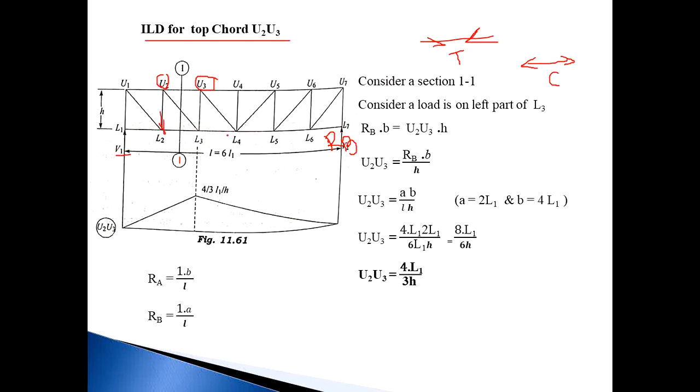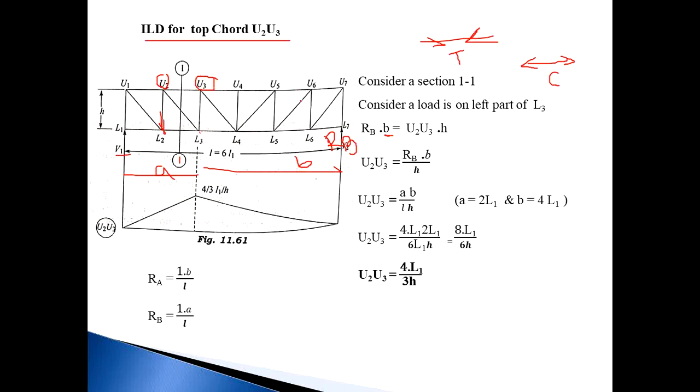Taking moment about L3, the direction of the moment for RB is anti-clockwise, and the length from L3 to L7 is B, and this is A. So RB into B, with direction of moment anti-clockwise.